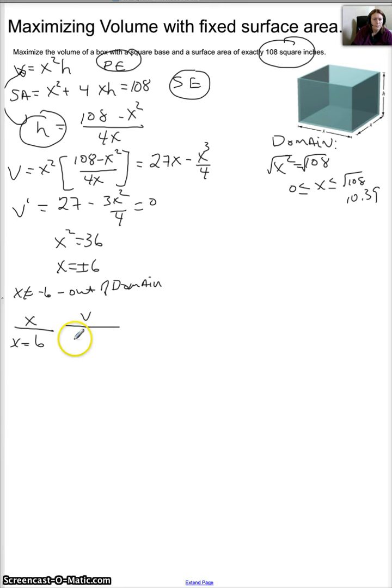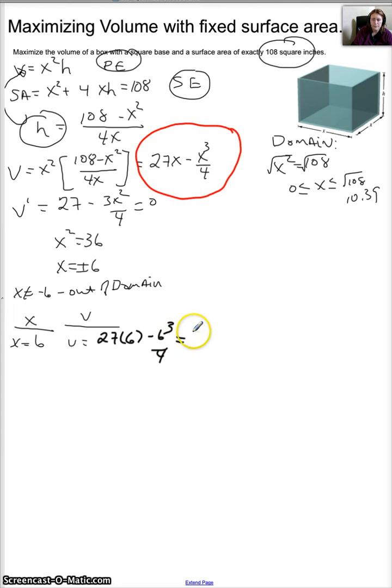Let's go back to my volume equation right here. I don't have to find h until I figure out which of my volumes is largest. So this volume is going to be 27 times 6 minus 6 cubed over 4. So at x equals 6, my volume is 108.